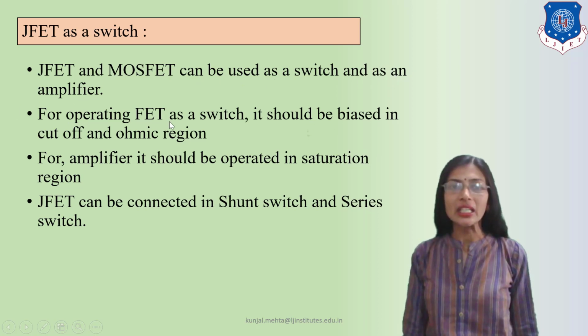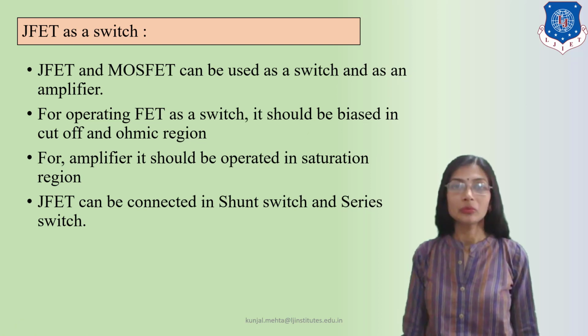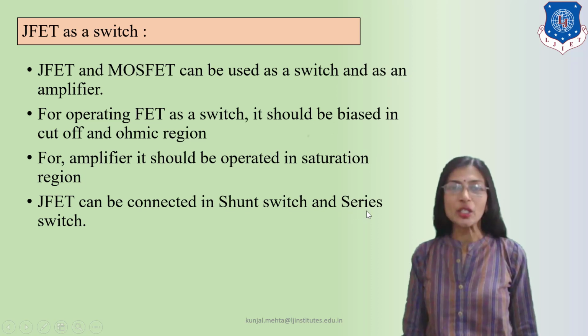For operating FET as a switch, it should be biased in cutoff and ohmic region. For amplifier, it should be operated in saturation region. JFET can be connected in shunt switch and series switch.